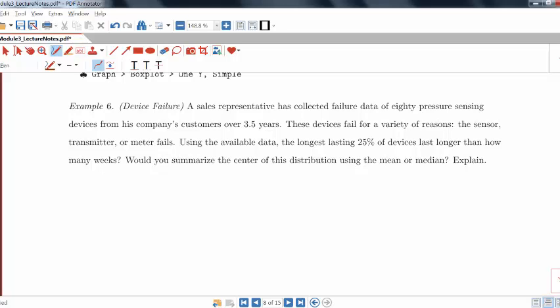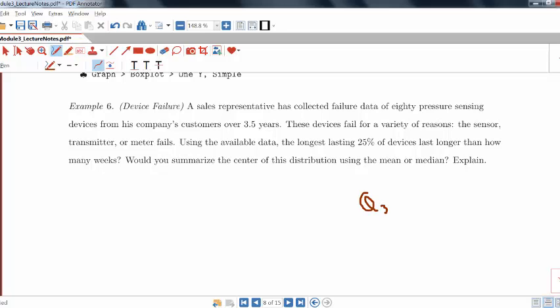A sales representative has collected failure data of 80 pressure sensing devices from his company customers over 3.5 years. These devices fail for a variety of reasons. Using the available data, the longest lasting 25% of devices last longer than how many weeks? The longest lasting 25%. If I go back to that picture I just drew you, this value is just Q3.